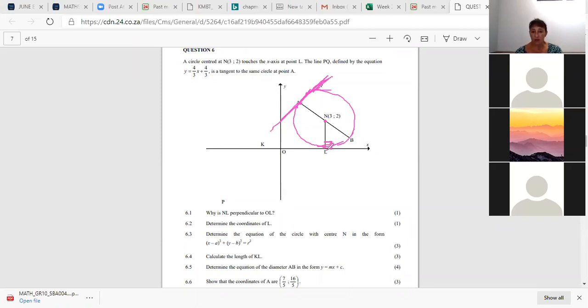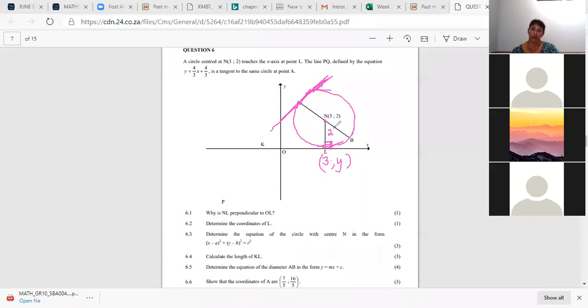Determine the coordinates of L. Well, L is directly under 3, so the x-coordinate is 3. And we need to find what the y is. They said that it's just touching, so in other words, the radius is the y part, which is 2.